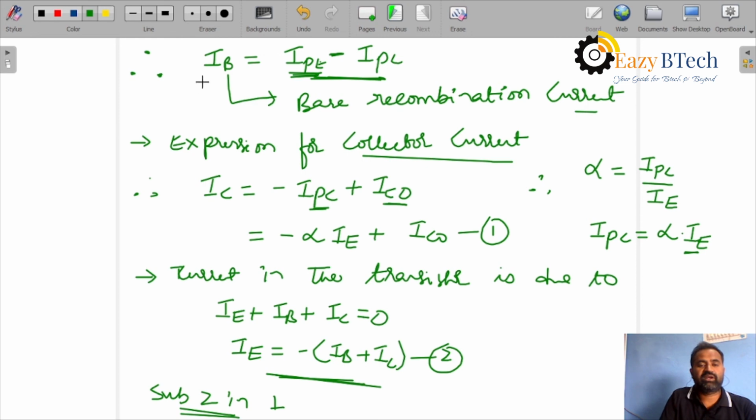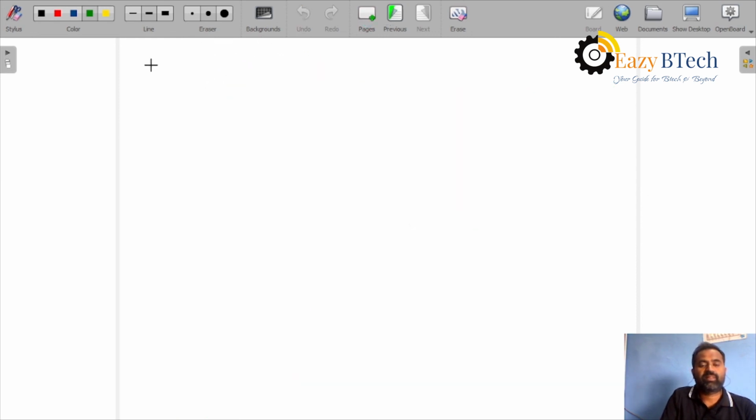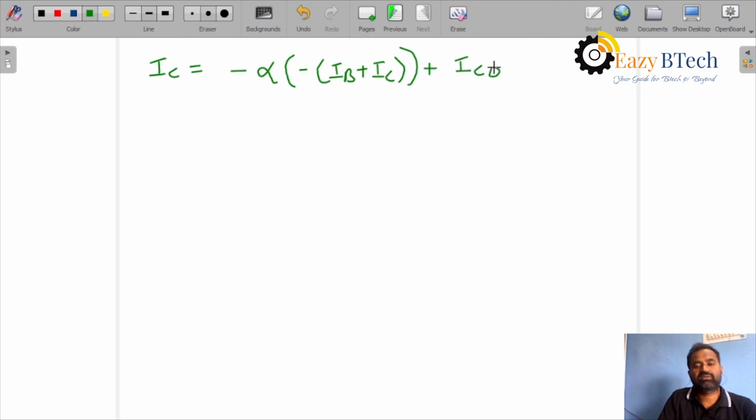What are you getting? IC is equal to minus alpha into IE. In place of IE, write minus IB plus IC, plus IC naught. Now this minus becomes plus: alpha IB plus alpha IC plus IC naught.